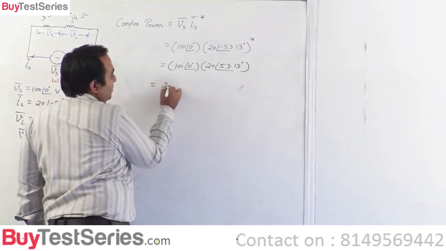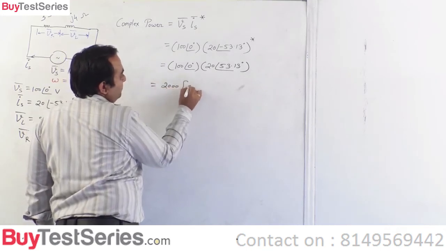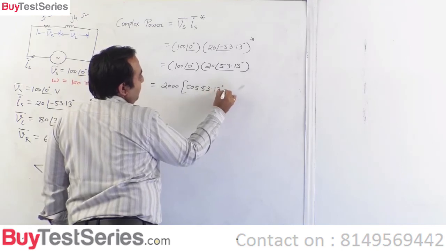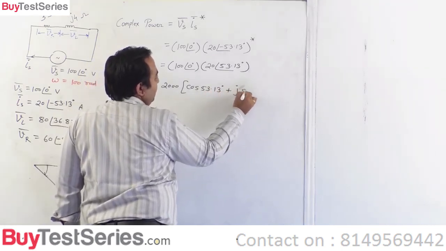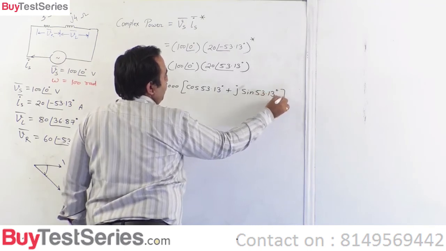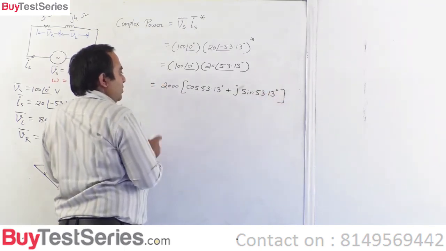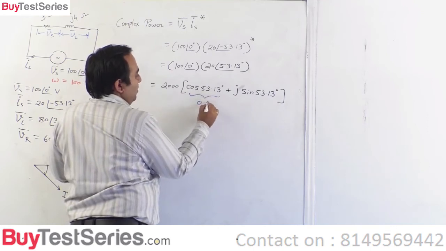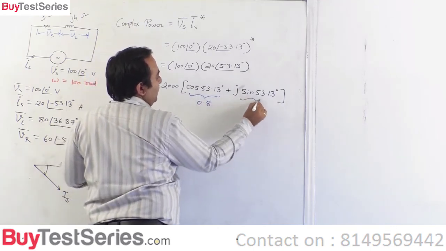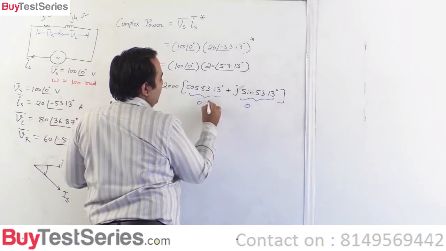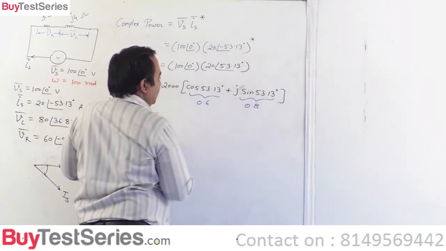So it becomes 2000 cos 53.13 plus j sin 53.13. So this becomes 0.6 and this becomes 0.8.